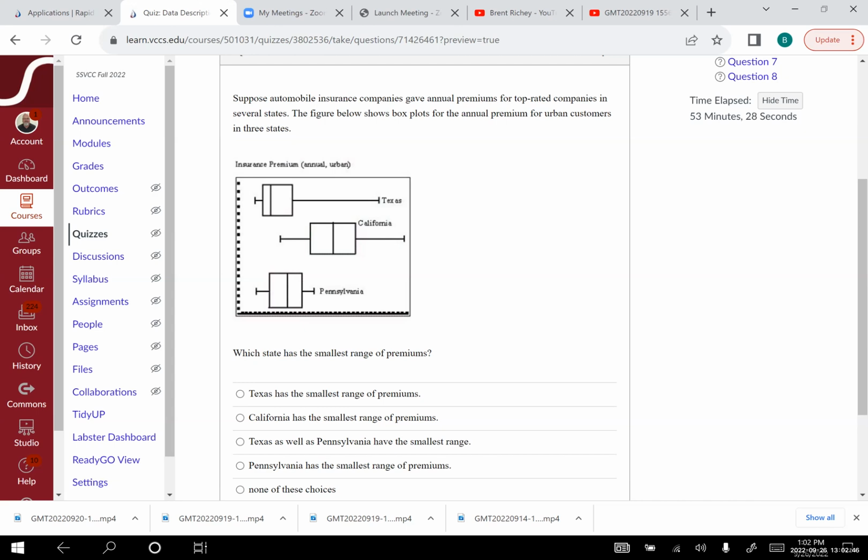And how did you get that? It just has the least amount of range. It's shorter than all the other ones. Right. The whiskers are shorter, because the whiskers go from the minimum value to the maximum value. And we know that the range is calculated as maximum minus minimum. So Pennsylvania has the shortest whiskers. So that is the smallest range.